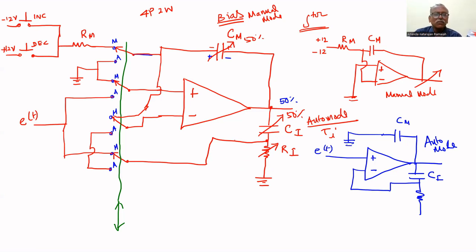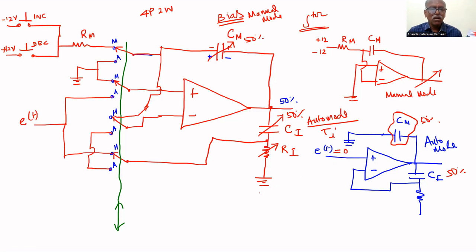But once you transfer from manual mode to auto mode, this capacitor has no input. Just one end is connected to output, the other end is connected to ground. Now Ci comes into the picture, but it is already charged to 50%. So if you transfer from manual mode to auto mode, at that time the error equals 0, no input to the integrator, but the controller output of 50% will be maintained.